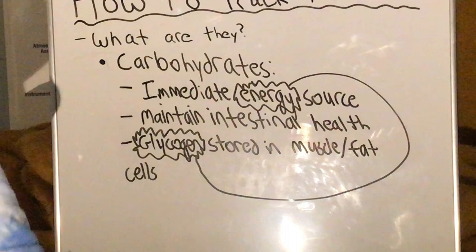So if you've ever heard of a sugar crash, it's basically because you are eating simple sugars like dextrose and fructose or high fructose corn syrup. It enters your body and gives you energy so quick that you end up crashing as a result.